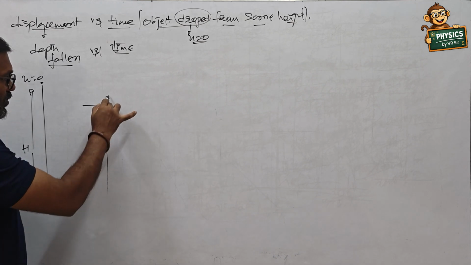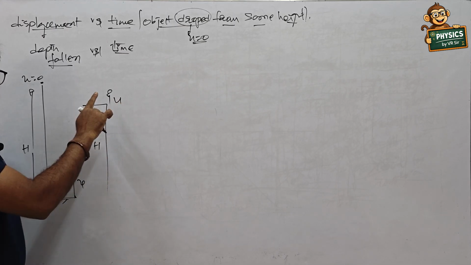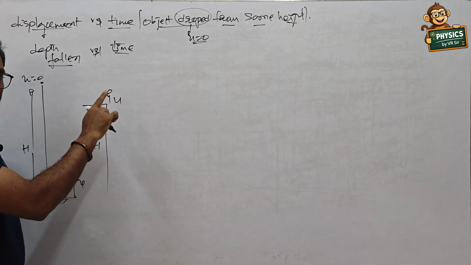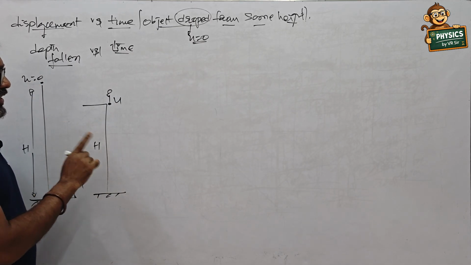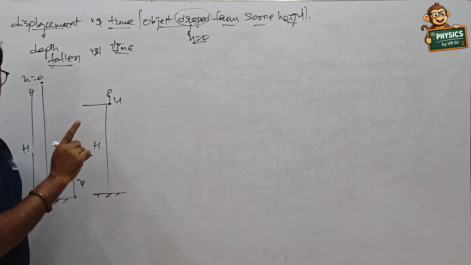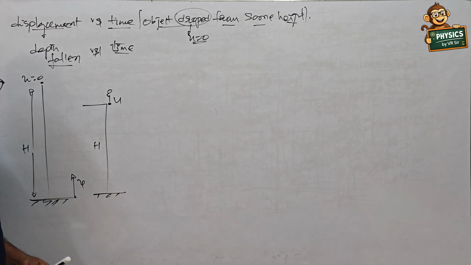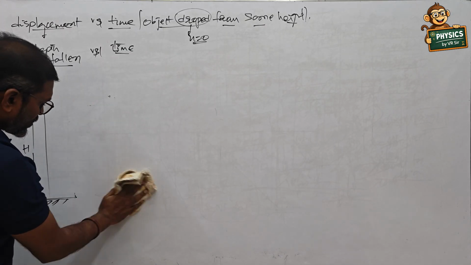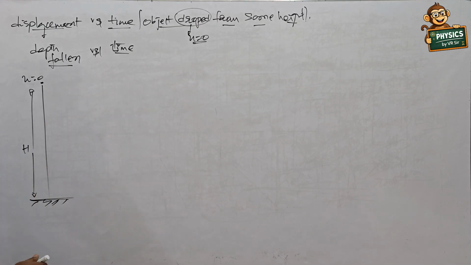But when the object is thrown up from some height with some initial velocity, the displacement formula gives the displacement from this point, not from the ground. So that is what we need to understand. The displacement is from the starting point of the object, not from the ground itself. That is one point we should keep in mind while attending displacement questions.